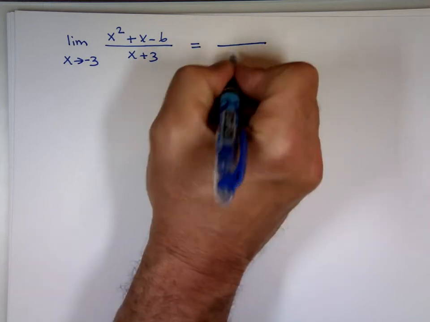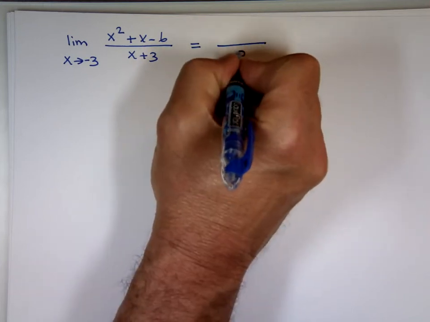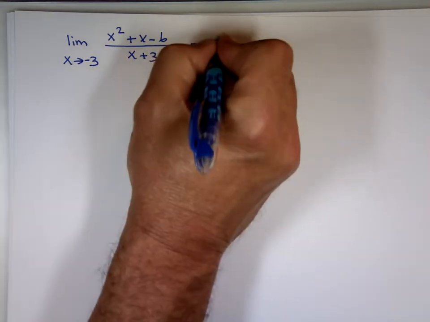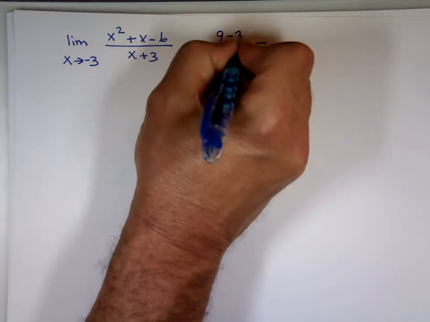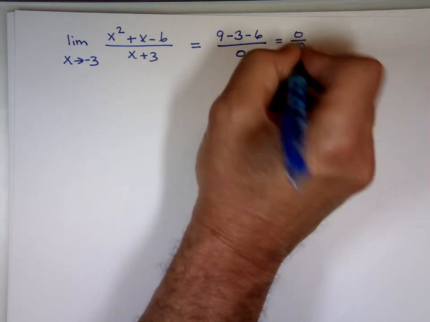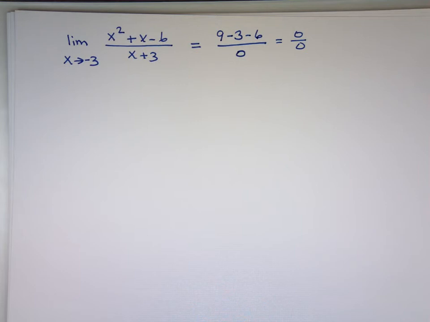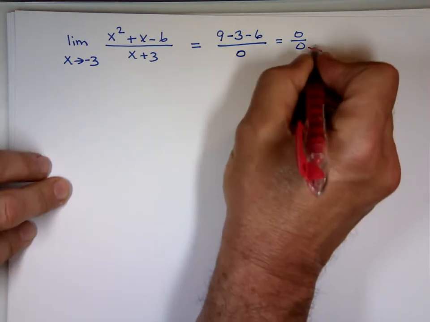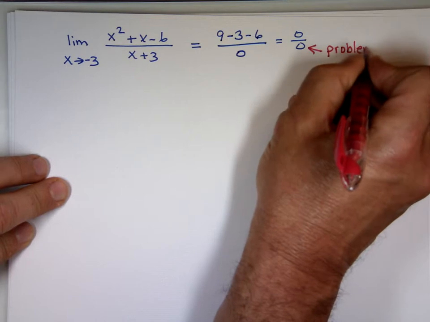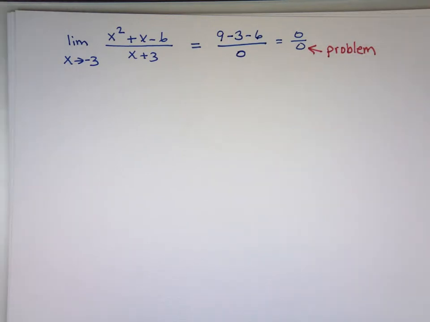What do we have in the bottom? 0. The top is going to be what? 9 minus 3 minus 6. That's 0 over 0. I don't care about the top, but I know when you have 0 on the bottom, that's always a problem. Can't divide by 0. So direct substitution does not work here.